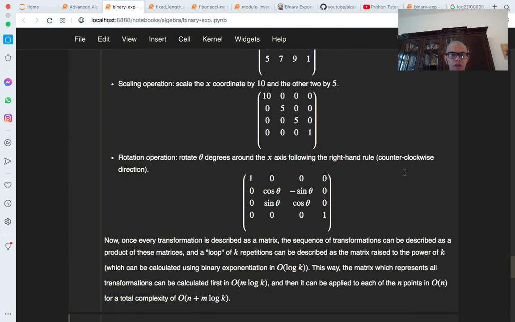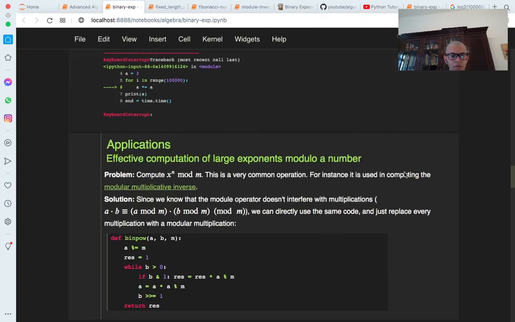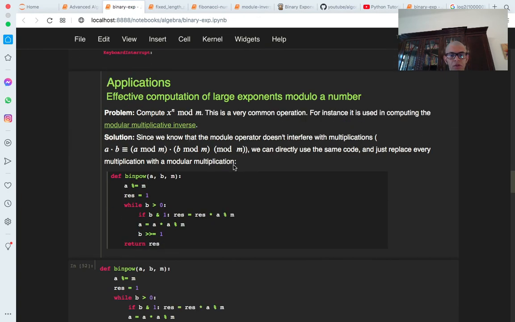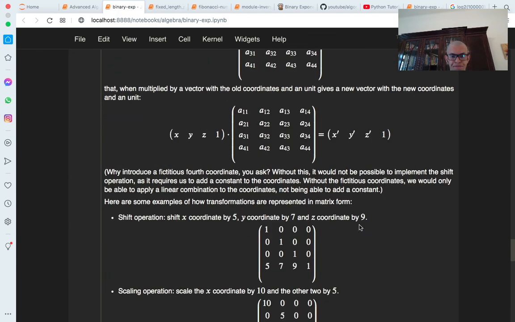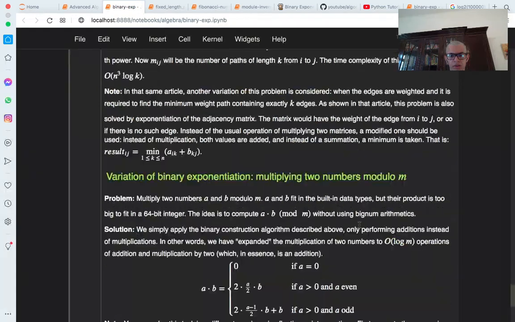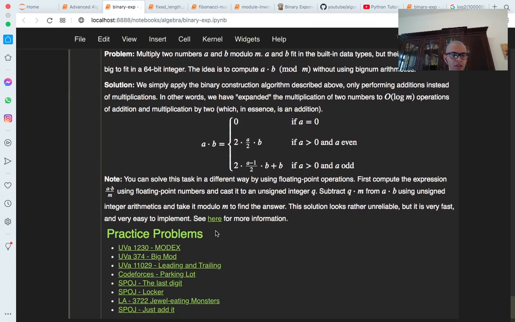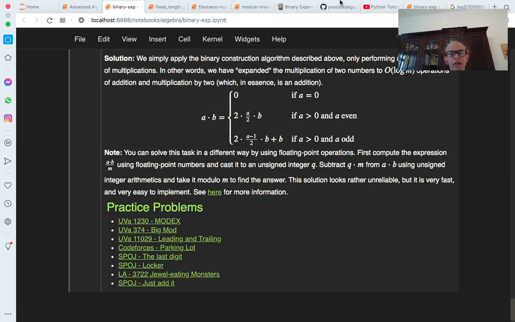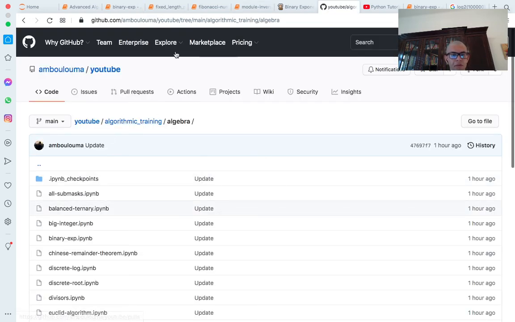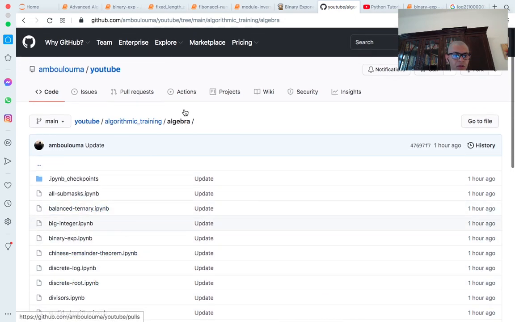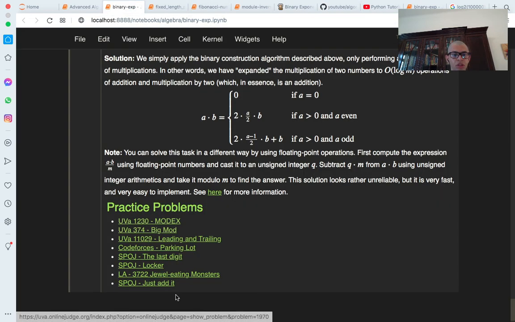It's kind of what we have done in that example with modulo m, if you wanted to check it out. So this is basically it, and there are other problems that I also link in my YouTube notebooks. You can find all those notebooks just in here.